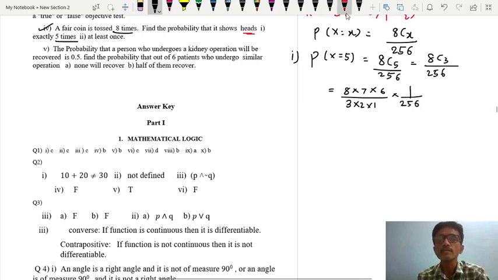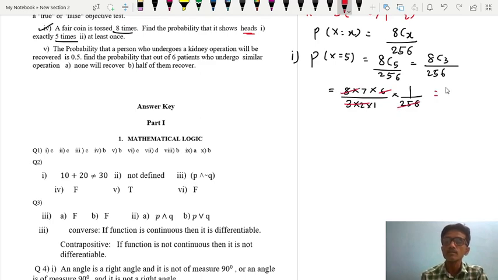So what can we cancel here? This 6 will cancel, and this 8 is getting cancelled over here, and it will be 7 upon 32.